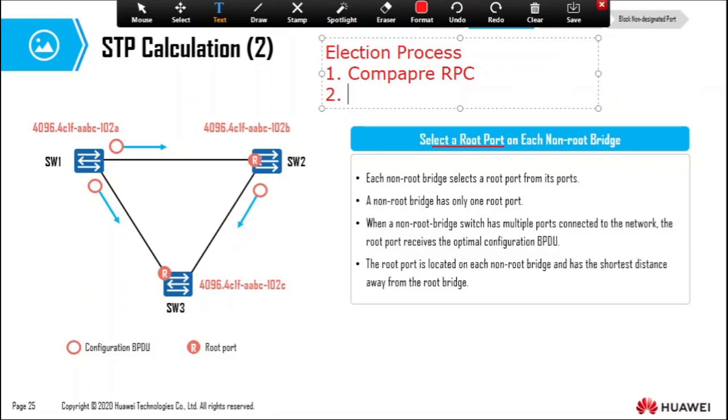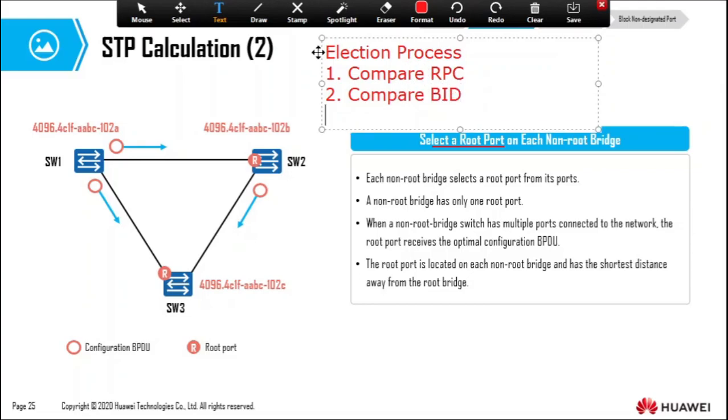That is what is used to select. But if the RPC is the same, then the switch will compare the bridge ID, the BID. If the bridge IDs are the same, then they will compare the PID, and that should be able to give us the tiebreaker.